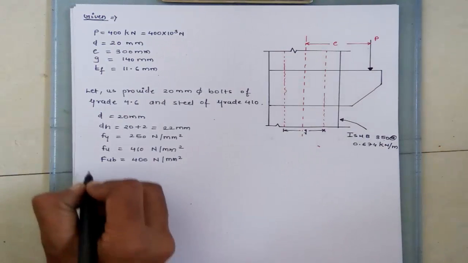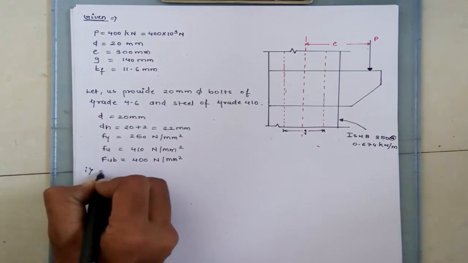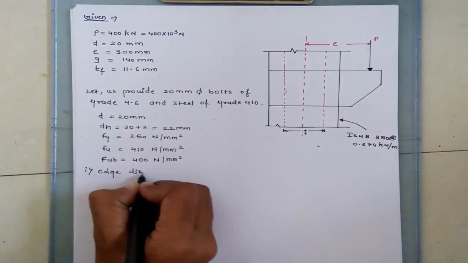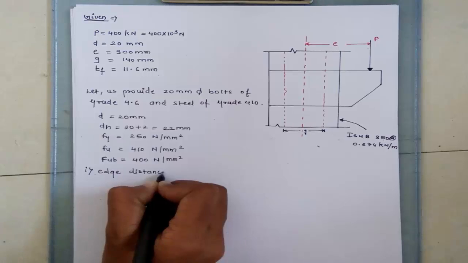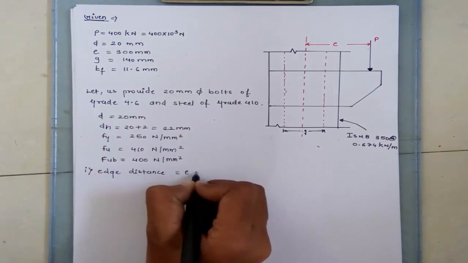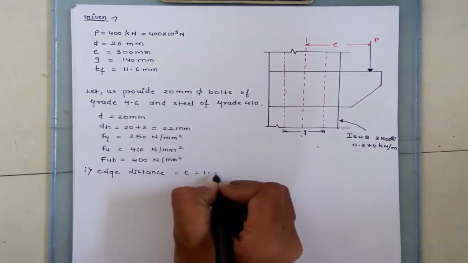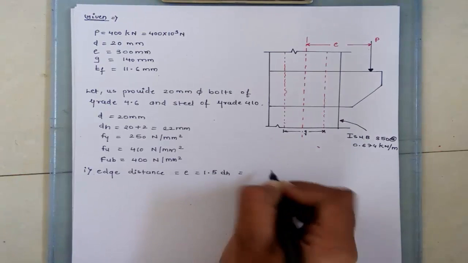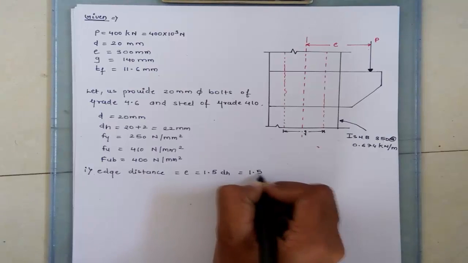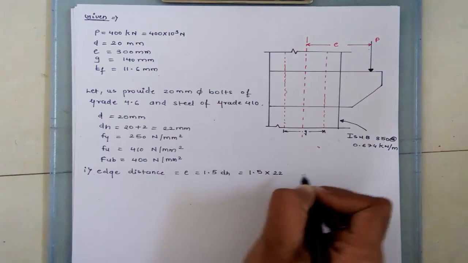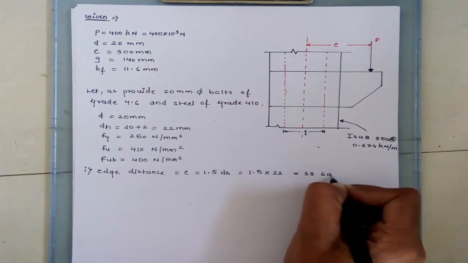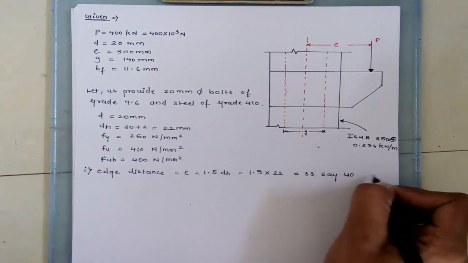After that, we have to calculate first the e distance. The formula for calculating the e distance is 1.5 dh. 1.5 into nominal dia 22, so we get 33. Say it as 40 mm.